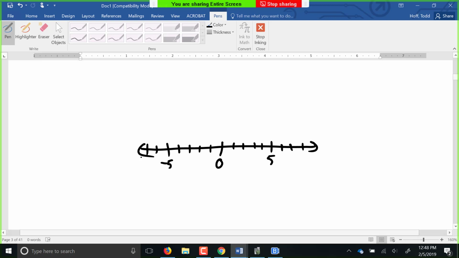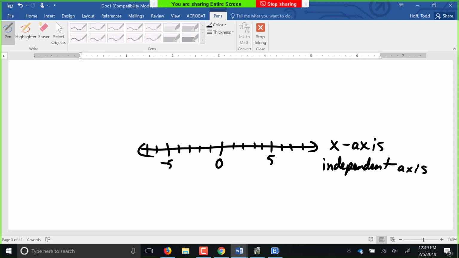Now, depending on what textbook, the old way of referring to this is to call that the x-axis. It's that first value. Others refer to it as the independent axis. Some modern statistics textbooks call it the predictor axis, and the other one is the response axis.